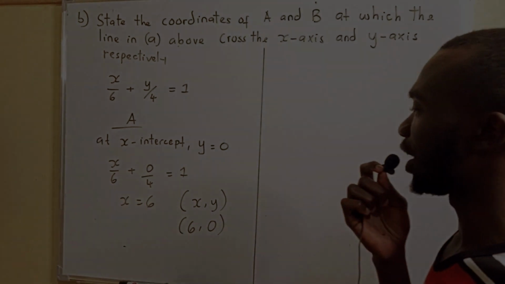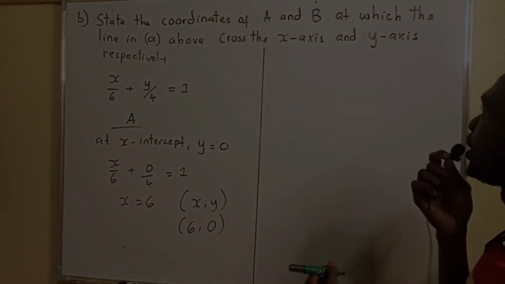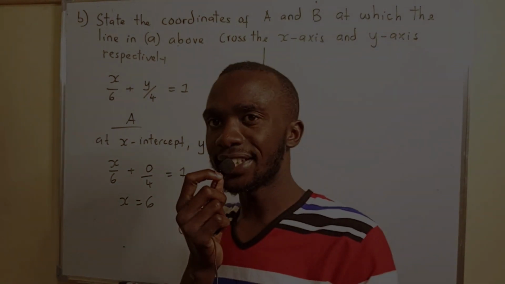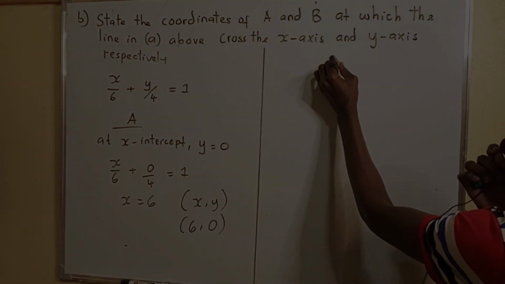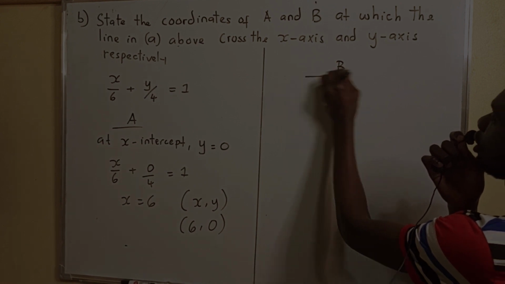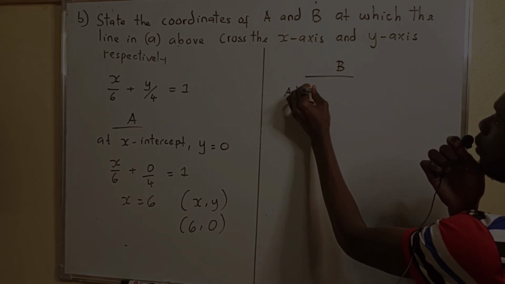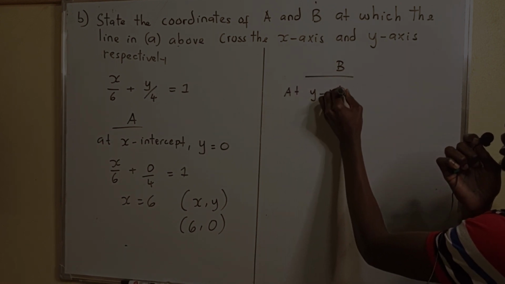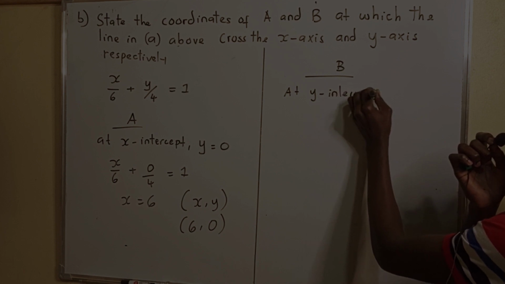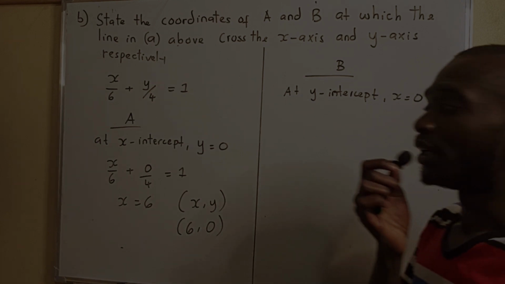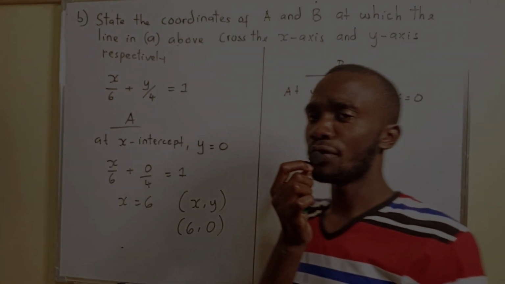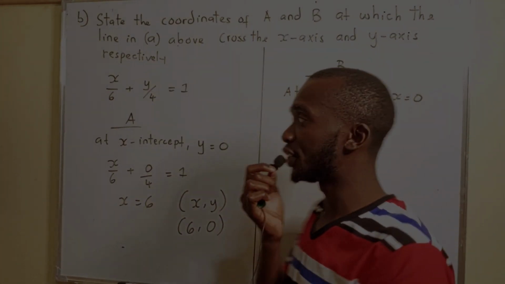That is point A. Now for point B, the y-intercept. At the y-intercept, the value of x is equal to 0. Now, we are going to substitute the value of x with 0 in the equation of this straight line.